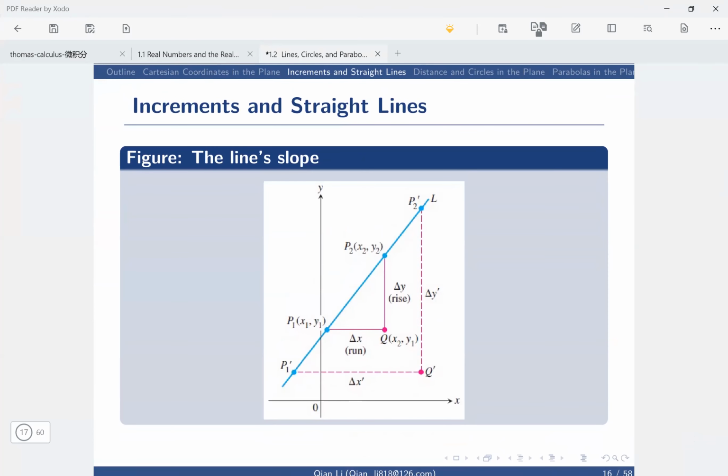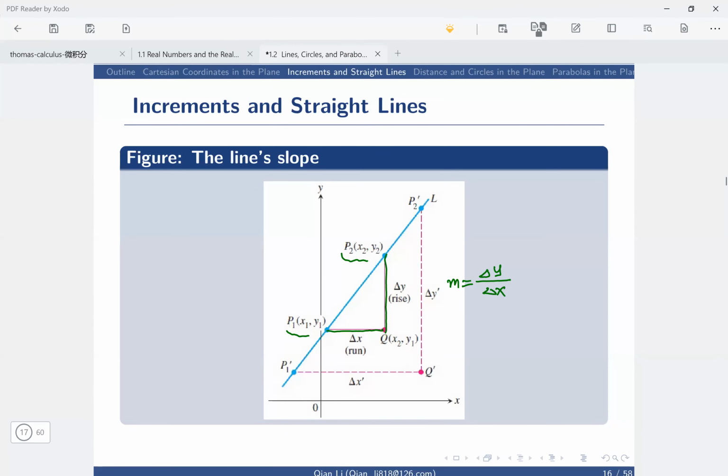Let's see this example, and we see P sub 1, and this is P sub 2. We also see all the points, and this is delta y, and this is delta x. The slope of this line, m, is equal to delta y over delta x.